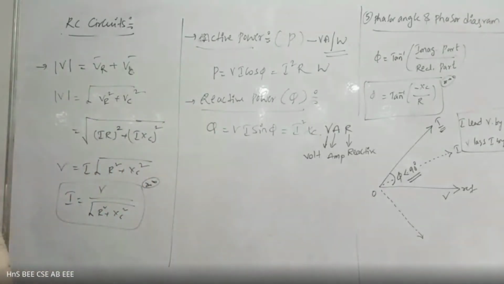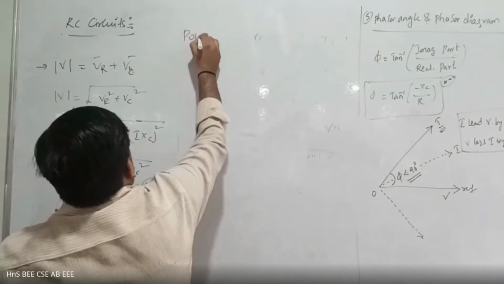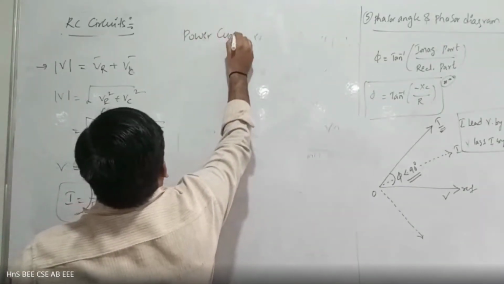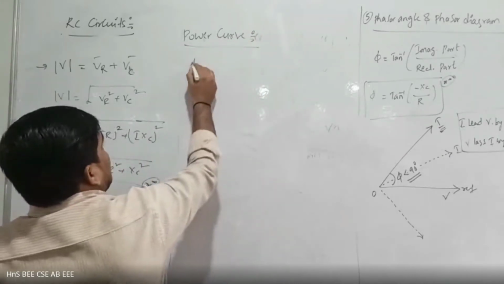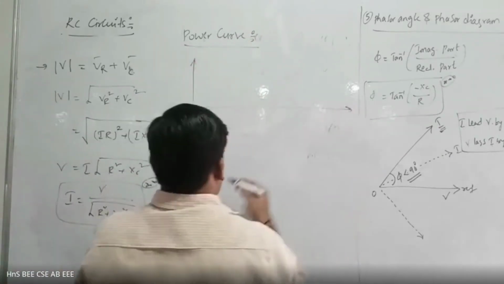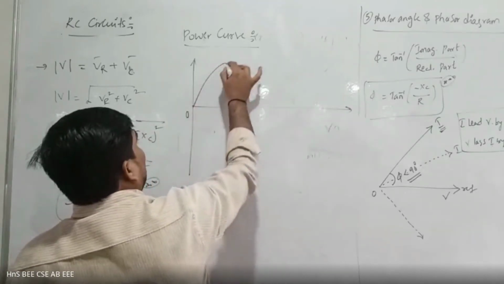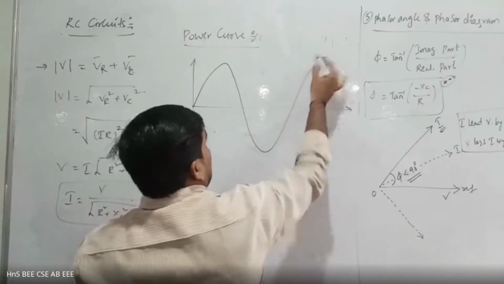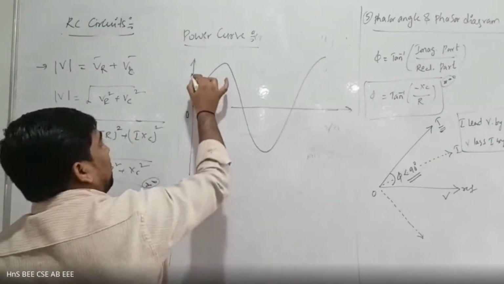Okay, this is the total matter of the RC series circuit. Power curve diagram of the RC circuit. The voltage starts from zero, and the current starts from the leading position.